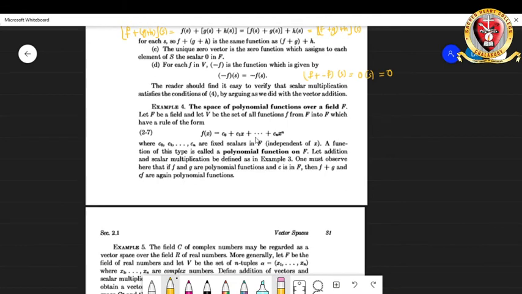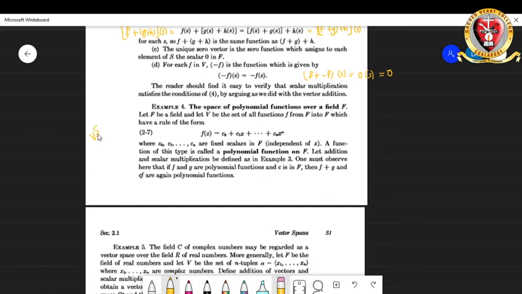Okay, then you get that if f and g are polynomial functions and c is in F, then f plus g and cf are again polynomial functions. Obviously, they will be of a form like this, and we get the 4 plus 4, 8 criteria, which you have to verify.